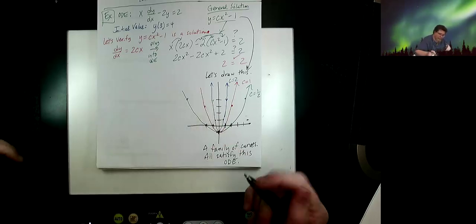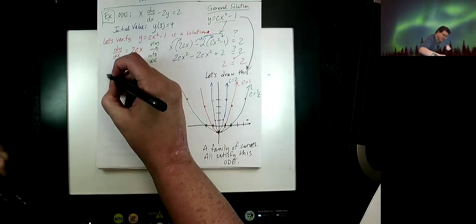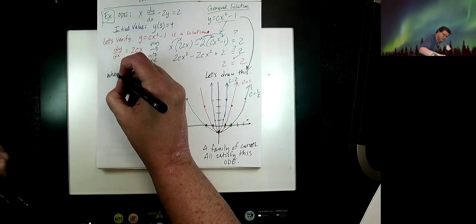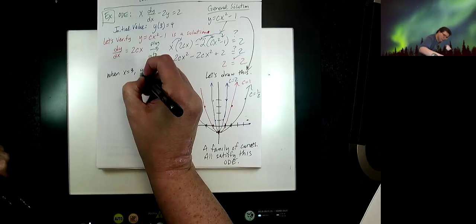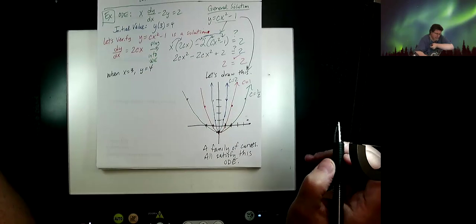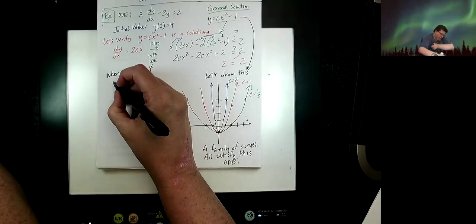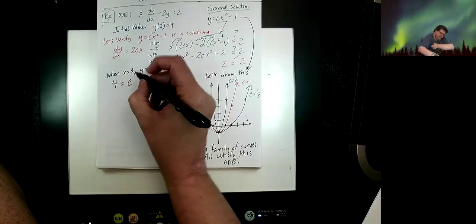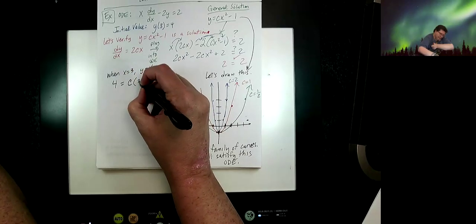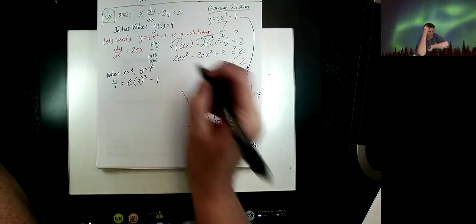So we're going to plug in when x is 3, y equals 4. I have 4 equals c times 3 squared minus 1.